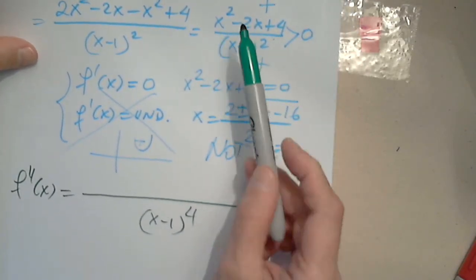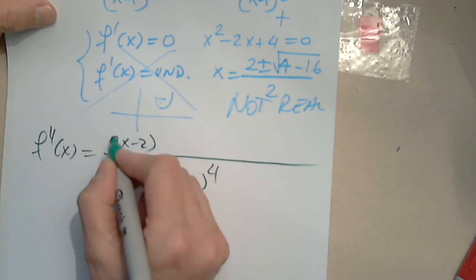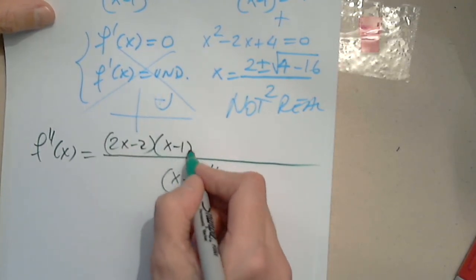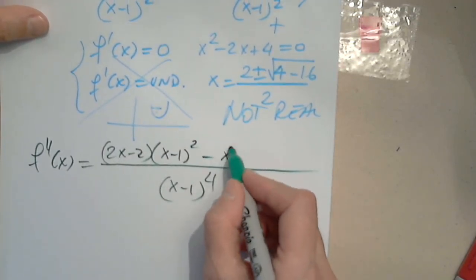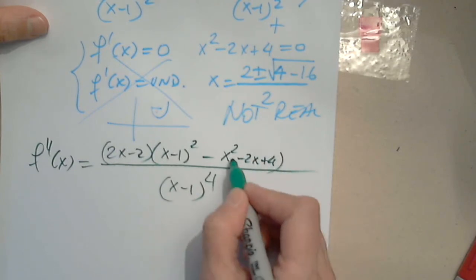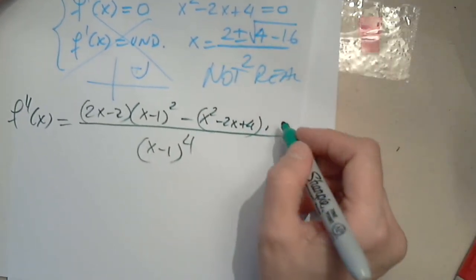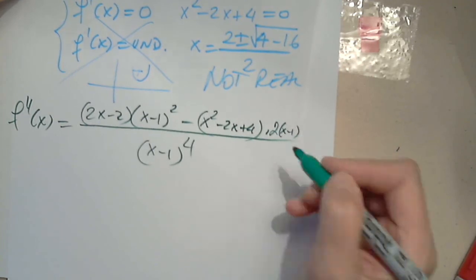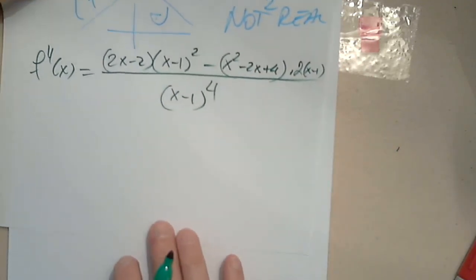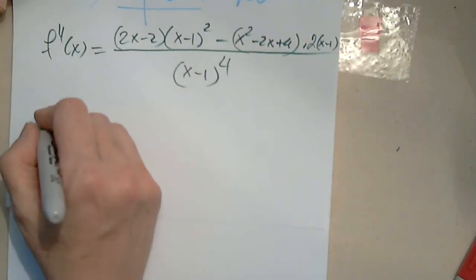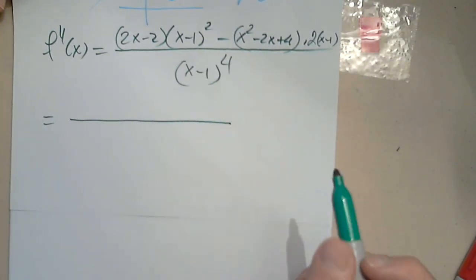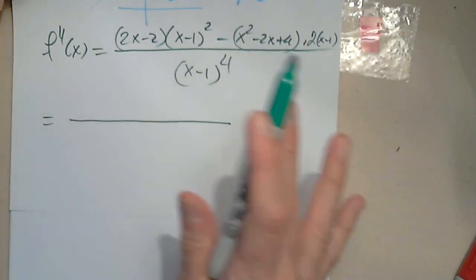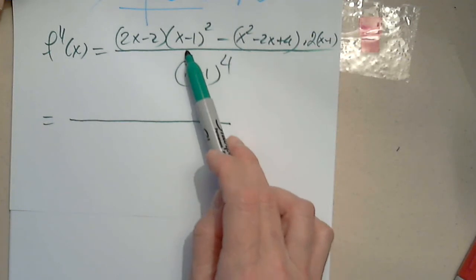So, 2x minus 2 times x minus 1 squared, minus x squared minus 2x plus 4 times the denominator prime, 2 times x minus 1. Okay, not as bad as I thought initially. Do not be tempted to simplify anything. I will factor out x minus 1.